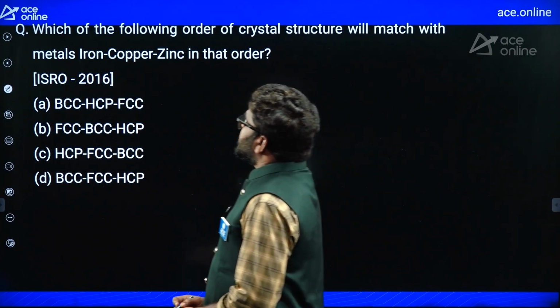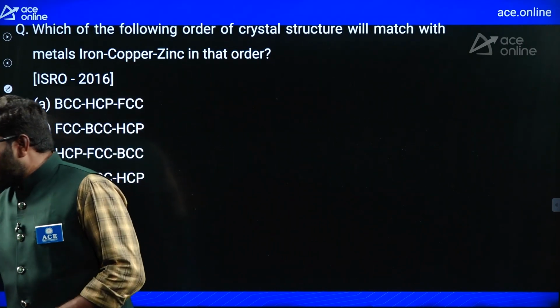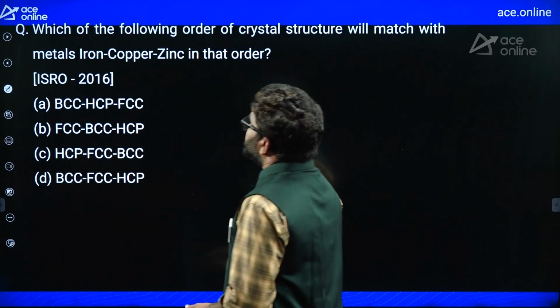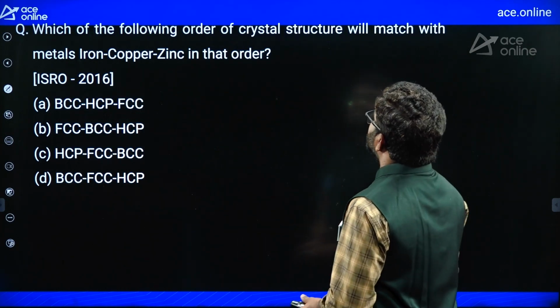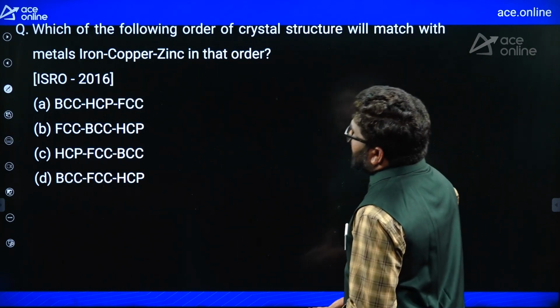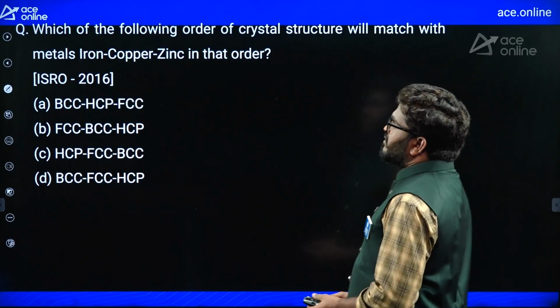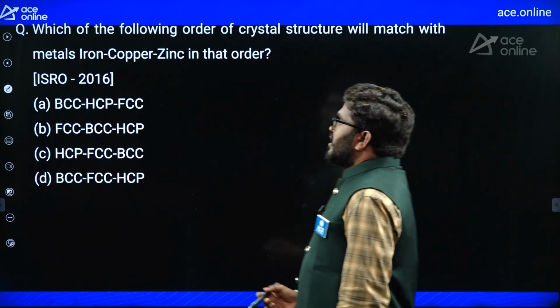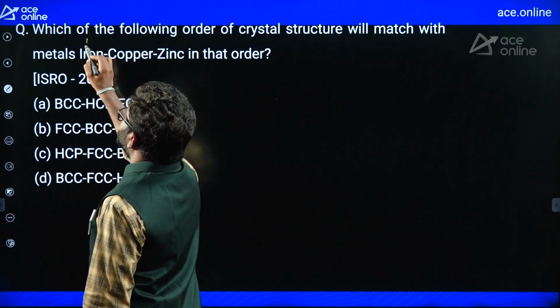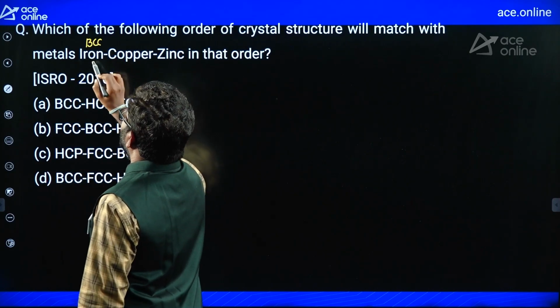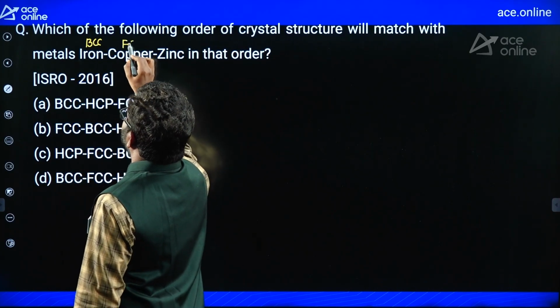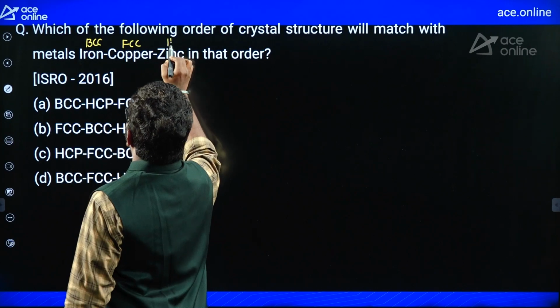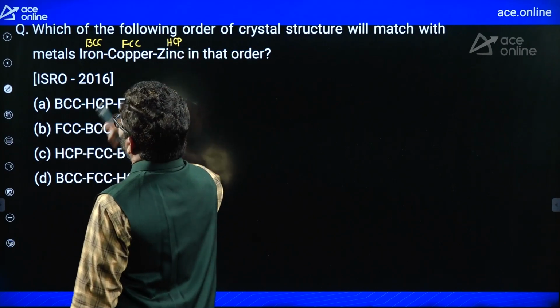Now, which of the following order of crystal structure will match with the metals iron, copper, zinc in that order? See, iron is BCC structure, copper is FCC structure, zinc is HCP structure.